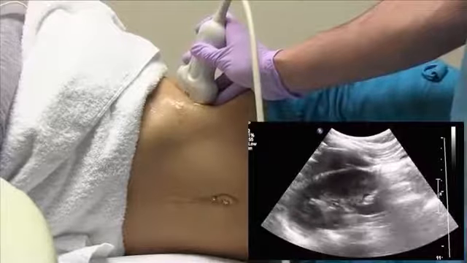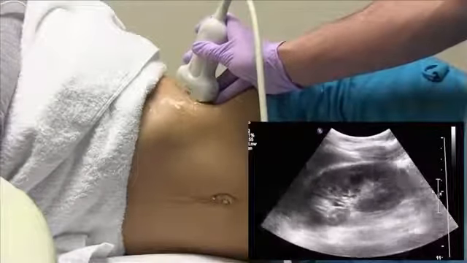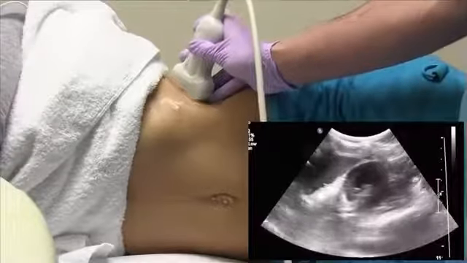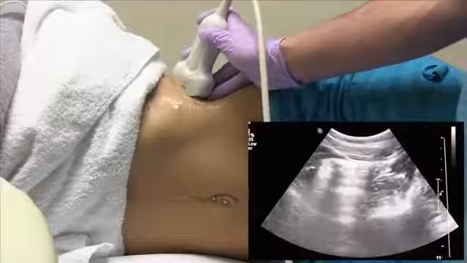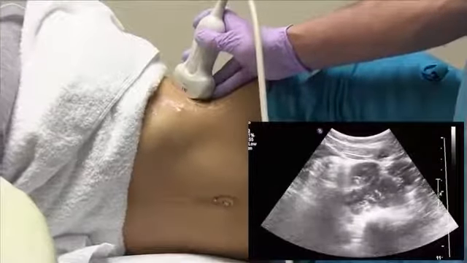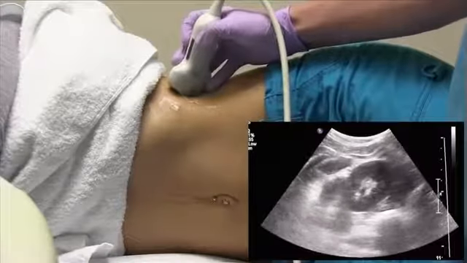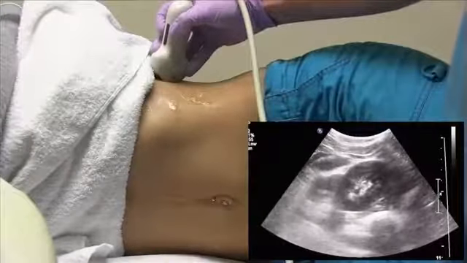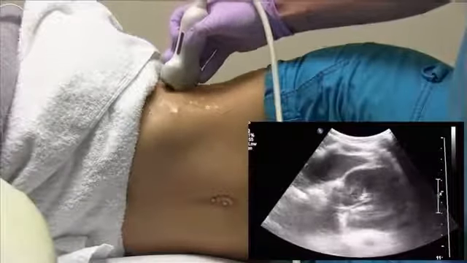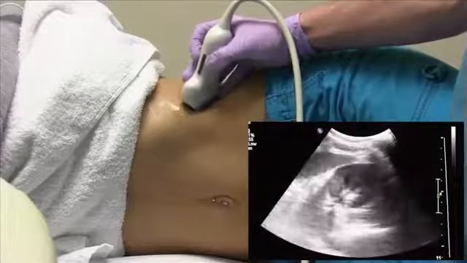And then what we usually do from here too is we take transverse images of the left kidney. And the easiest way to find a transverse is, again, just look at your probe and think about how you're going to turn 90 degrees to that sagittal image. And you're going to sweep all the way up to the top and down to the lower pole towards the bottom of the left kidney.